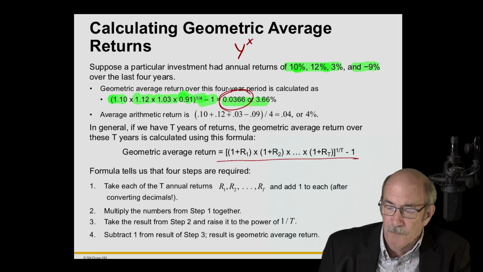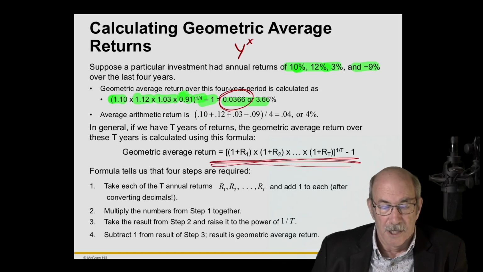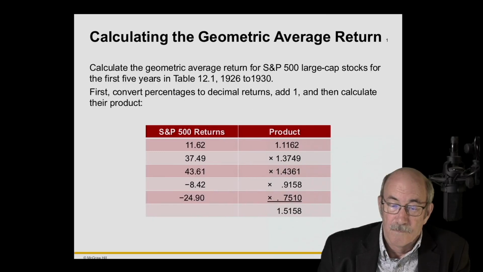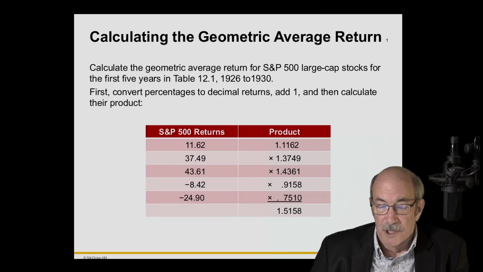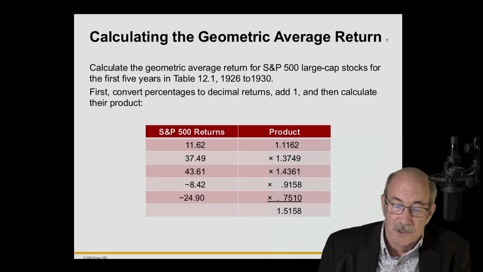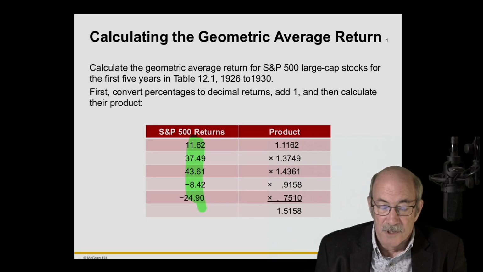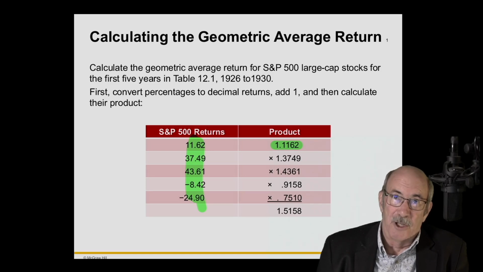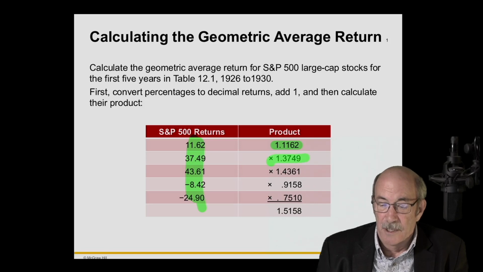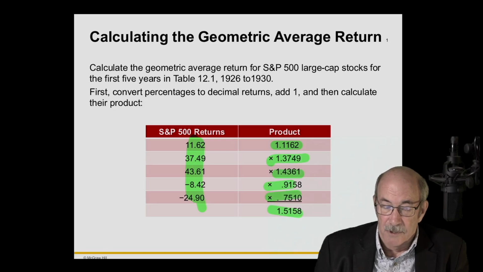In a more generalized form, here's the formula for calculating a geometric return. And just another example of doing this computation with a series of returns here for the S&P 500. And so we're taking the decimal equivalent of 11.62%, add the 1 to it, so that becomes 1.1162, multiply it by 1 plus the decimal equivalent for 37.49, so on until we get down here to the 1.5158.